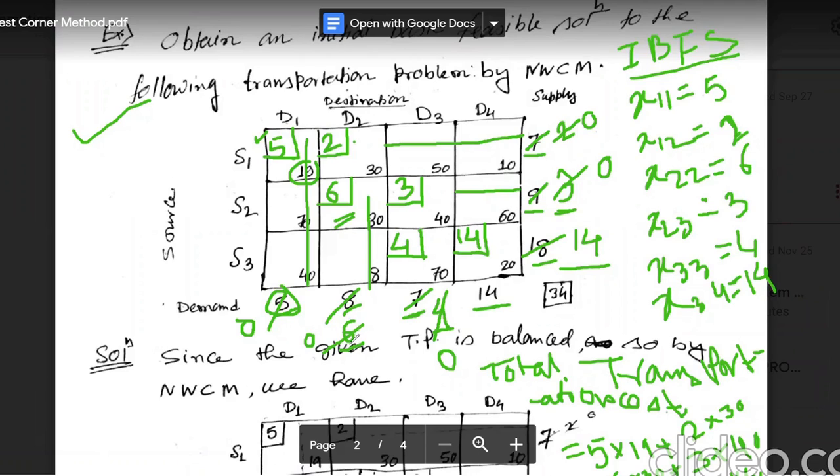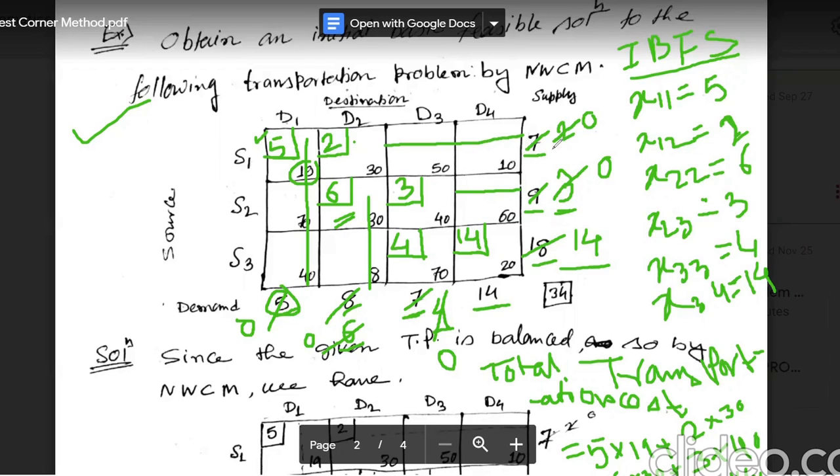Still 6 units are left. But since 2 units have been supplied here, there is no more quantity left for source S1. All the quantity from source S1 has been exhausted.